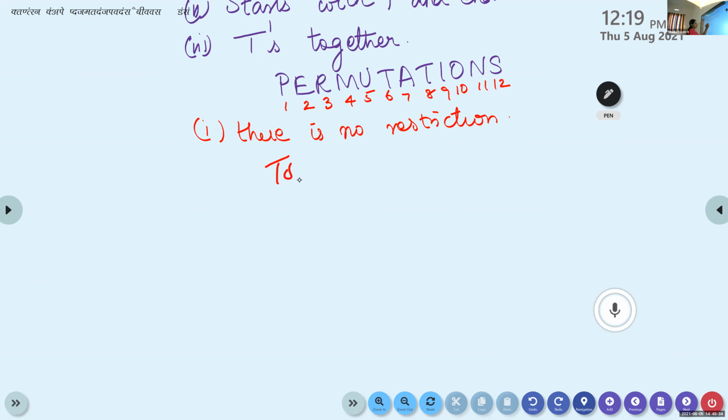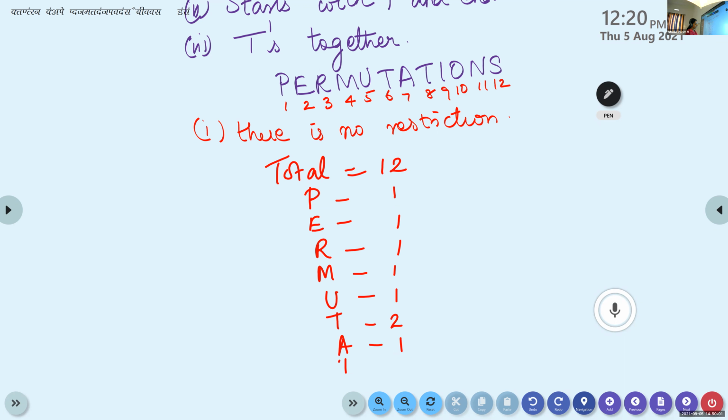So total number of alphabets we use is 12. If you look at your P, the P comes one time. E occurs one time. R occurs one time. M occurs one time. U occurs one time. T occurs two times. A occurs one time.